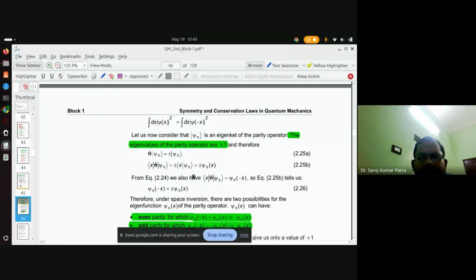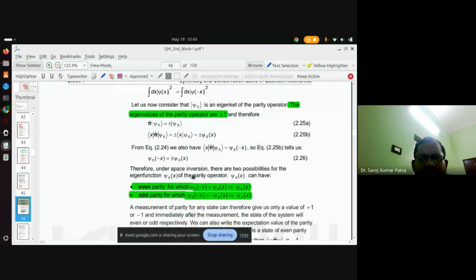The eigenvalues of the parity operator are plus or minus 1. As you have seen, Π² is equal to identity, so the eigenvalue squared has to be 1. So plus or minus 1 would be the solution. So for even parity, ψ(−x) will be equal to ψ(x).